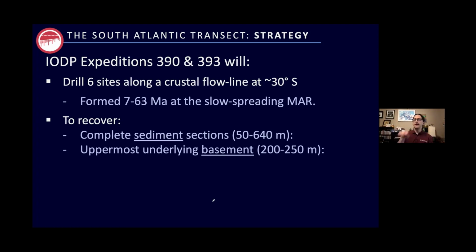So you're truly looking at the aging of the same piece of crust over time by drilling these six different sites. There are five different ages, ranging from 7 million years on the young side to 63 million years old on the older side. We picked 7 because it's younger and allows comparison to previous work at, I think, Site 1250-60.